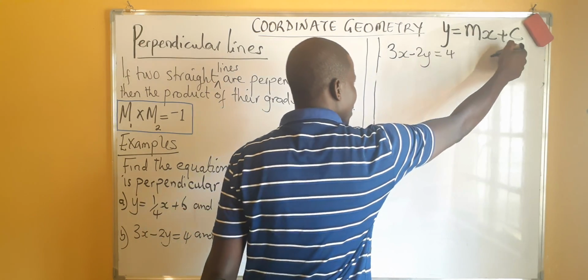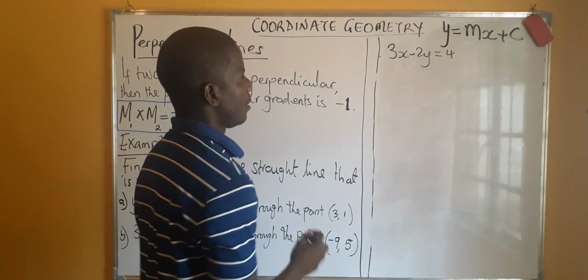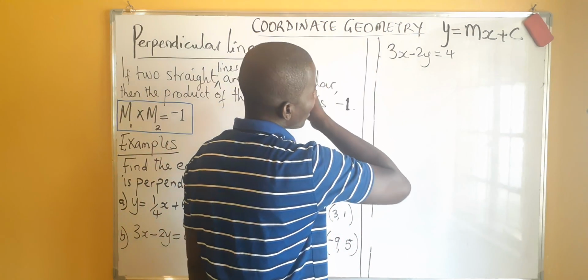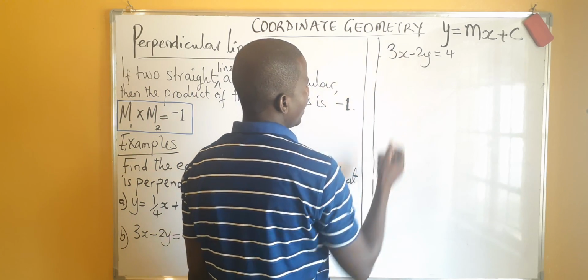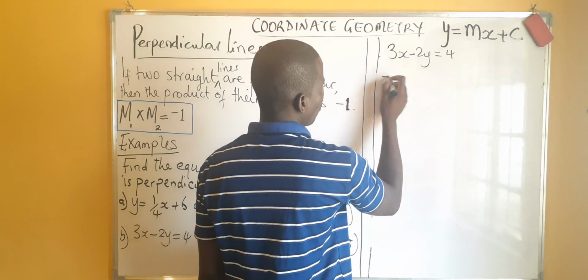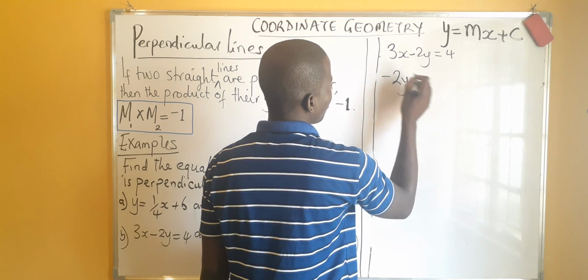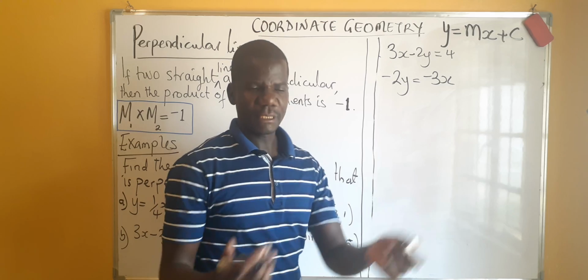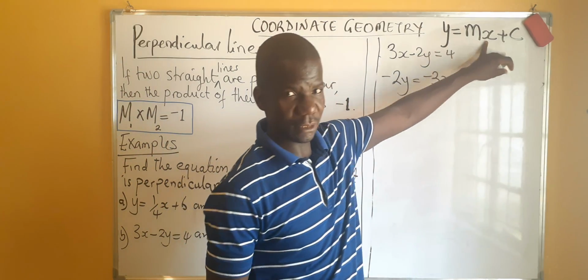So we need to write our equation in this form. The additive inverse of 3x is minus 3x. So we have minus 2y is equal to, this one comes inside as minus 3x. It has to come immediately after the equal sign so that we have the equation in this form.